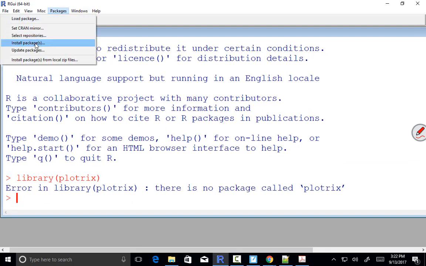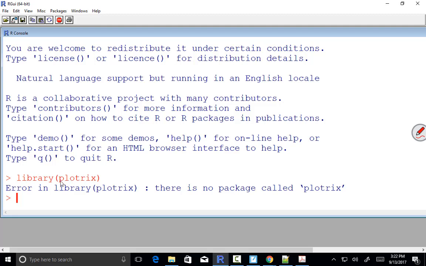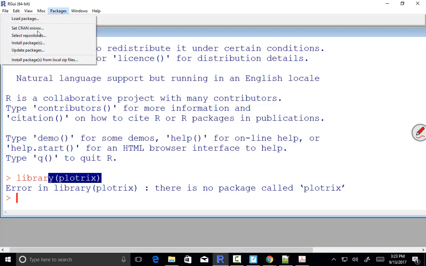To use a function that didn't come with built-in base R, it's specific to this additional package called plotrix. In order to install a package, I can go to Packages, Install Packages.